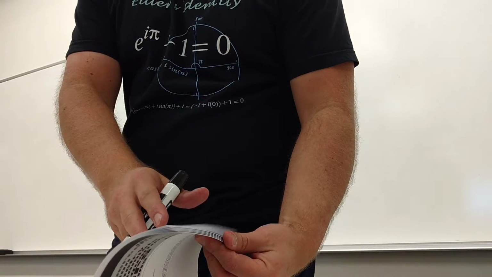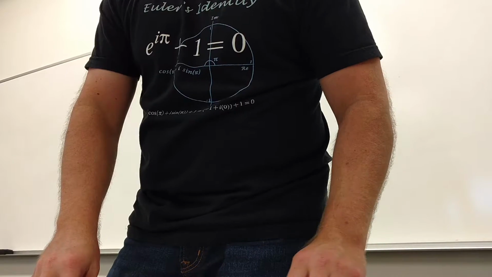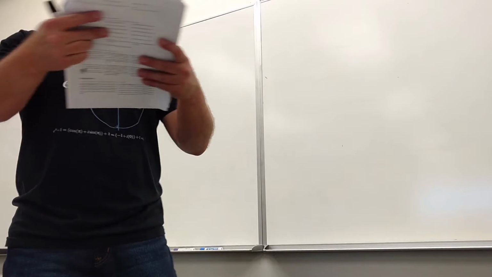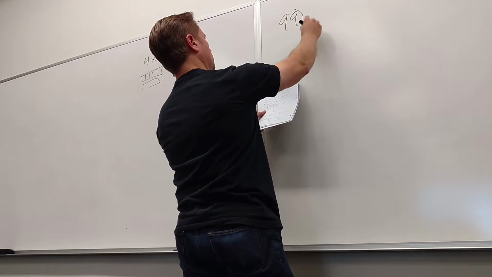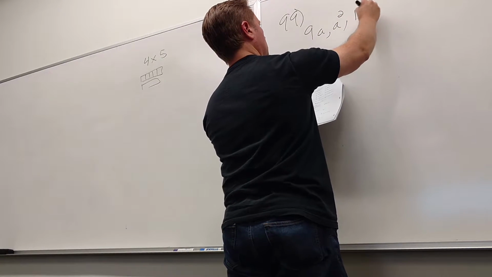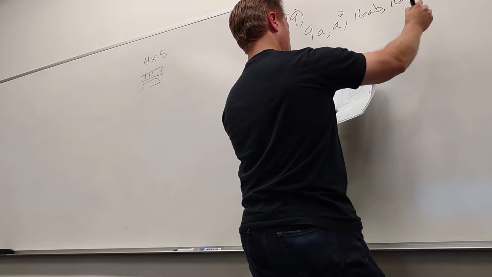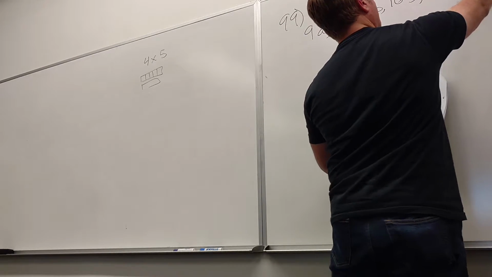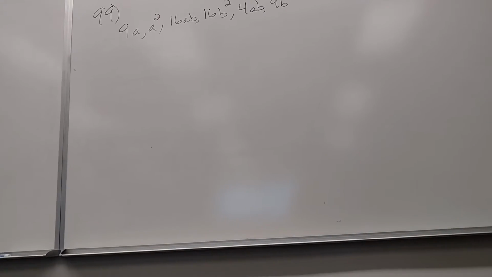Question 99 on section 2.2. You can ask any homework question you want. The one about the like terms? Okay. So this problem says find all the like terms in there.